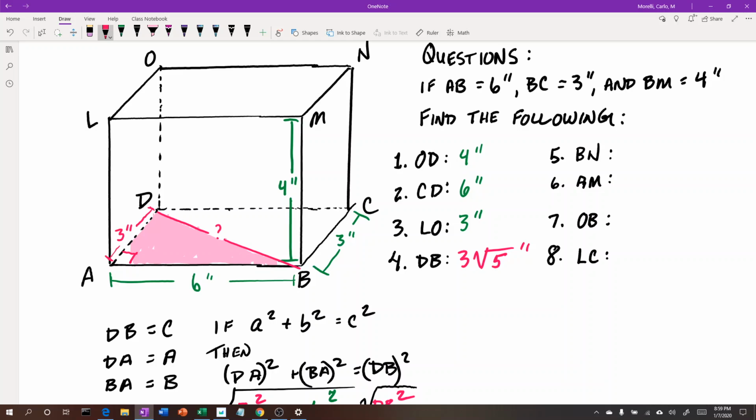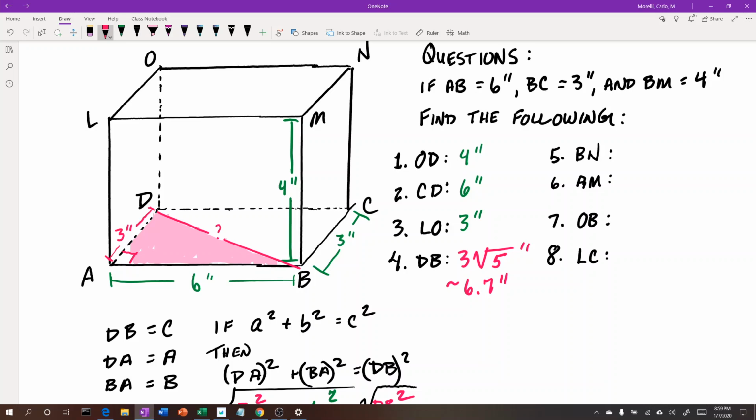It's about 6.7 inches, if you're interested. Which makes sense because the hypotenuse would have to be longer than any of the other sides of the triangle. So if it was less than 6 inches, then we messed something up.